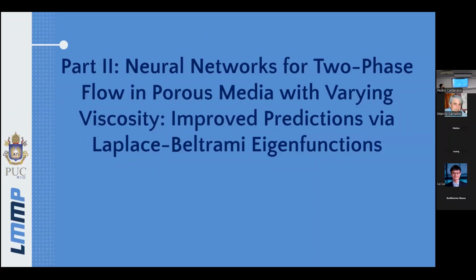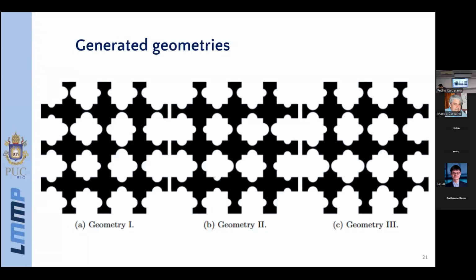It's called Neural Networks for Two-Phase Flow in Porous Media with Varying Viscosity. And in here, I had improved predictions via Laplace filter functions.